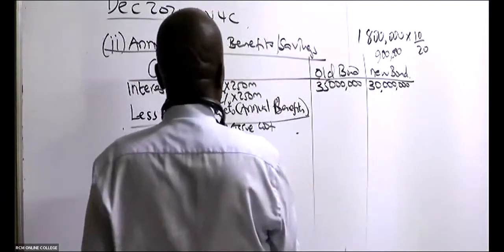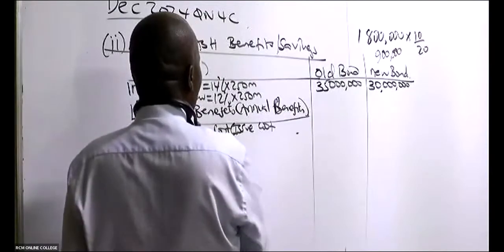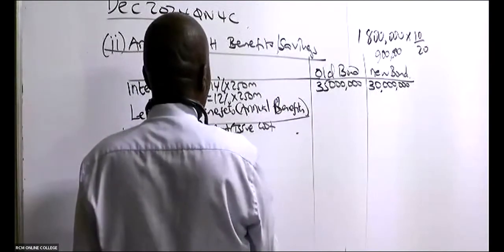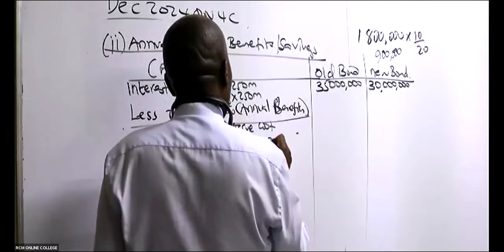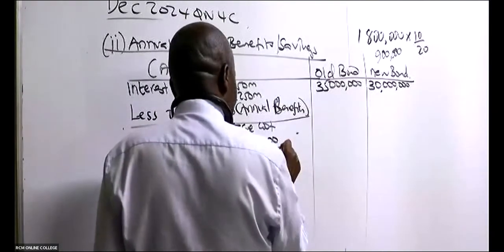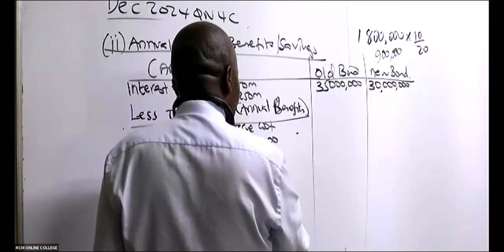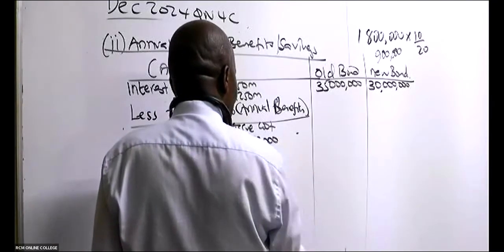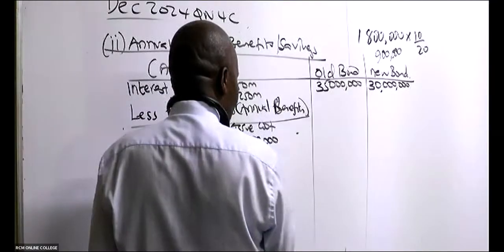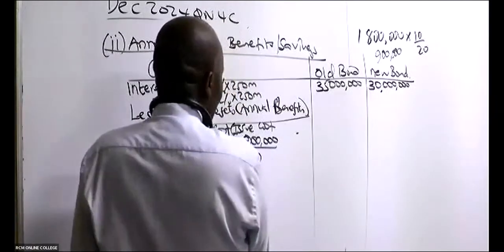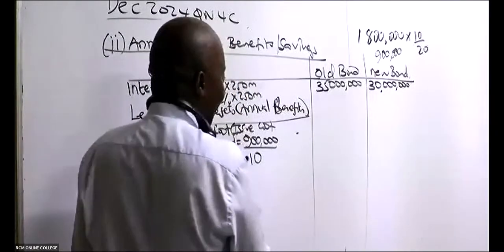For the old bond, it is 900,000, and remember by the time we are capitalizing, how many years have lapsed? We have stayed with this bond for 10 years. So I can easily get the issue cost per year.